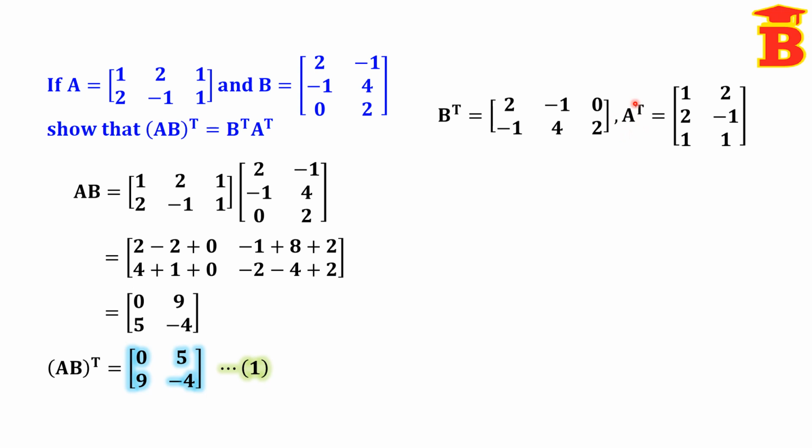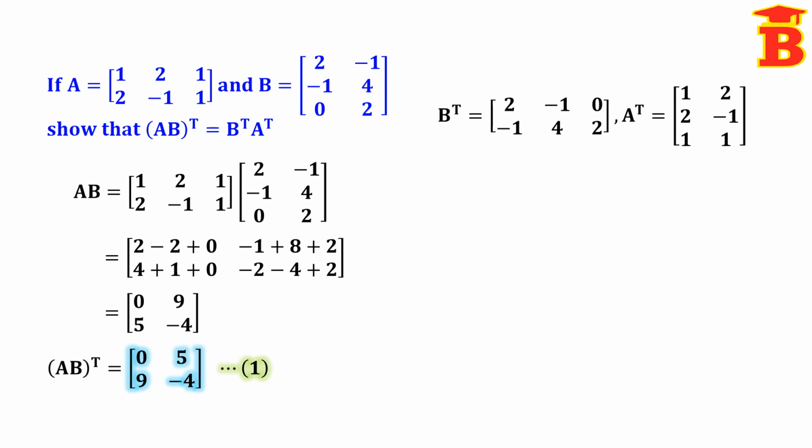Similarly A transpose equals this A matrix with rows interchanged into columns. This first row 1 2 1 is the first column. Second row 2 minus 1 1 is the second column. So this is A transpose.